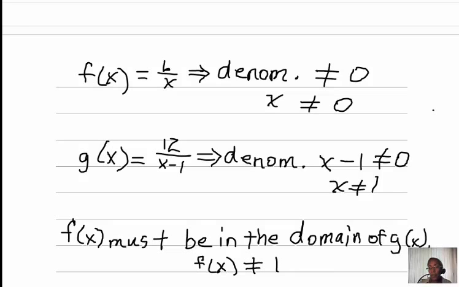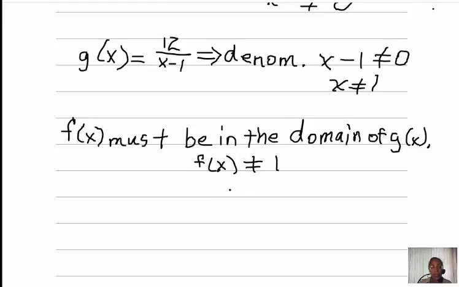Well, what was f of x? It was 6 over x. So 6 over x can't be 1. So in order to simplify that, let's multiply the left and the right side of this inequality by x. And this will allow us to isolate x.